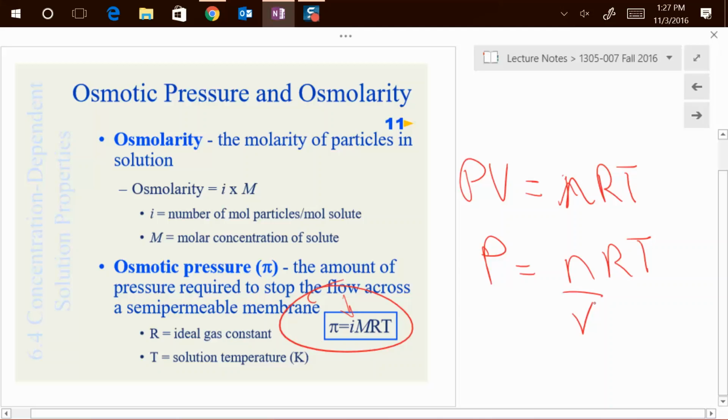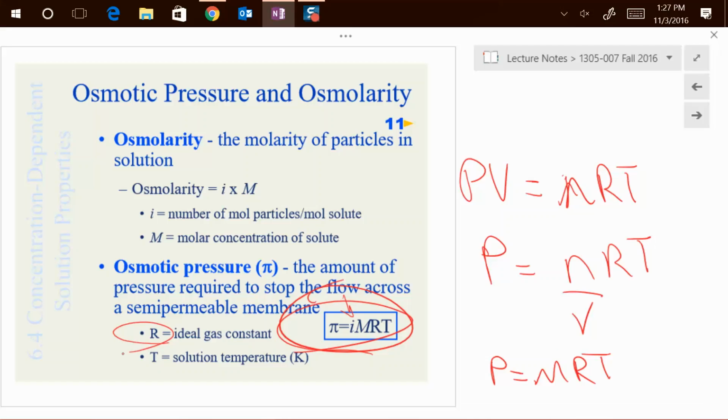Molarity. So P equals mRT. So the osmotic pressure is equal to mRT, which we find here. We will use R, the ideal gas constant, in this equation, and your temperature must be in what? Kelvin units, because it's the ideal gas constant. It has Kelvin units in its constant.